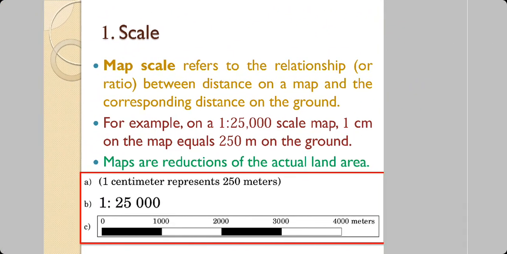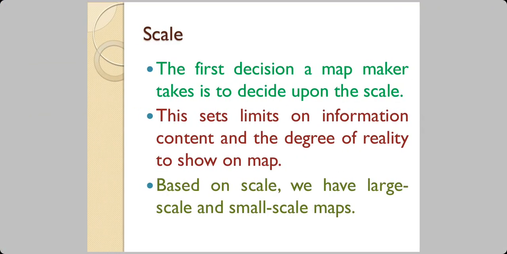So the first thing you decide, whenever you want to draw a map, is the scale. Now, how will you decide the scale? The most important thing is how big your map is going to look, how big a paper you have, or how big a plastic sheet or a flex sheet you have. That is what is going to decide, and that is only half the story.